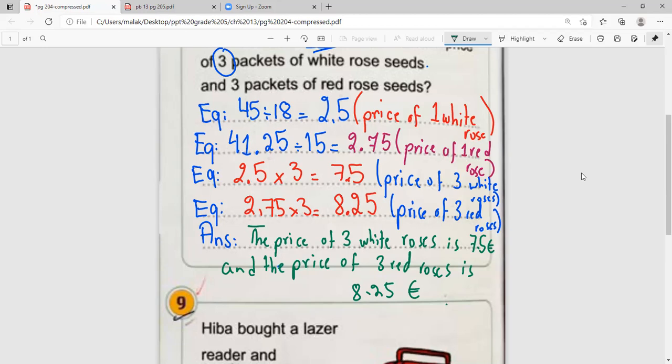Teacher, may I ask you something? Yes, Adam. Teacher, when we do times, where do we put the point? For example, 2.75 times 3, we have 2 digits after the point. Yes, so we start from the right side, always from the end.